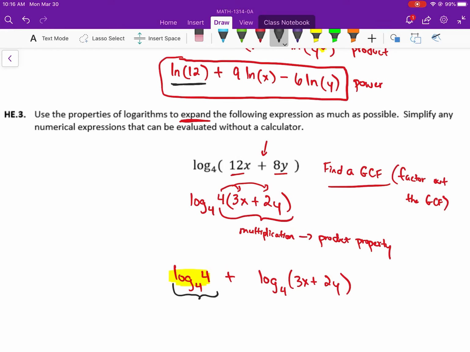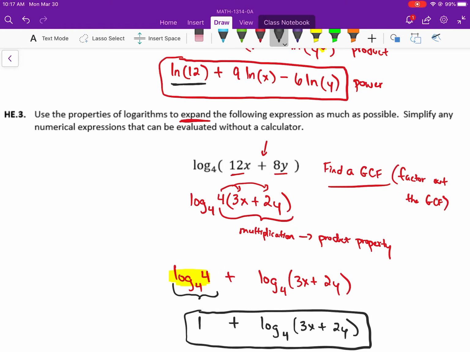The answer should be yes. 4 to the what power is 4? That would be 4 to the first power. So this equals 1. So 1 plus log base 4 of (3x plus 2y). And that is my answer for Hawk's example number 3.